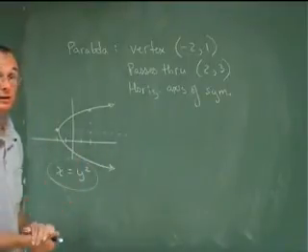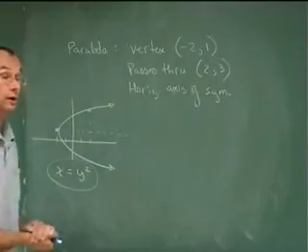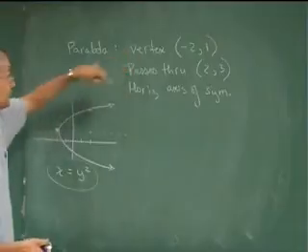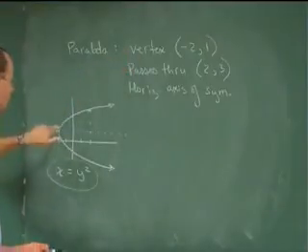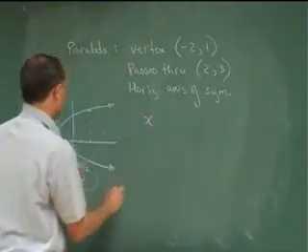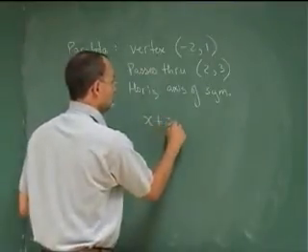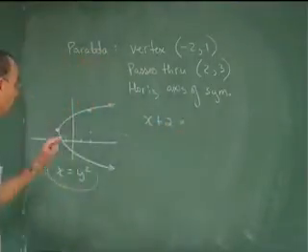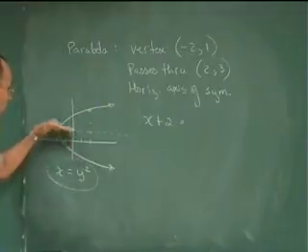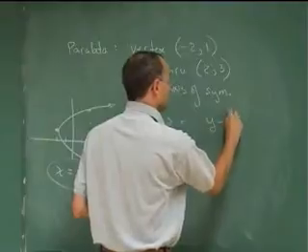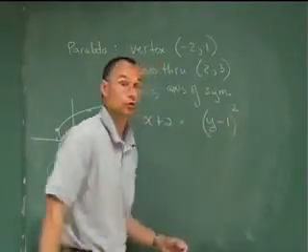Well, the only thing I have to worry about really is how wide or narrow it is, because the vertex gives me the shifting stuff. On the x, where did we want to go? We wanted to go 2 to the left. So this should be x plus 2. On the y, we wanted to go up 1. So we want to have y minus 1 all squared.